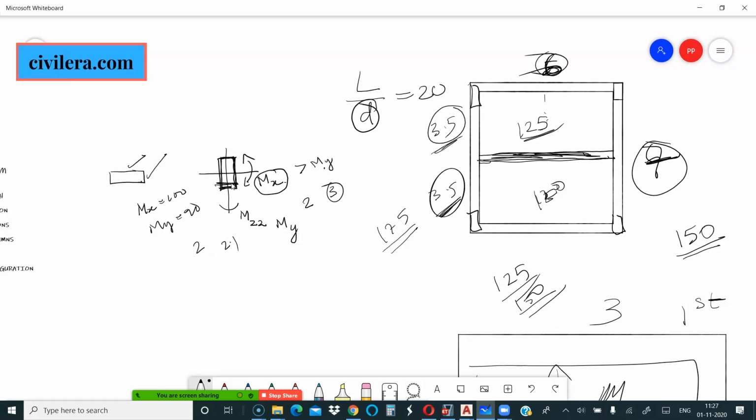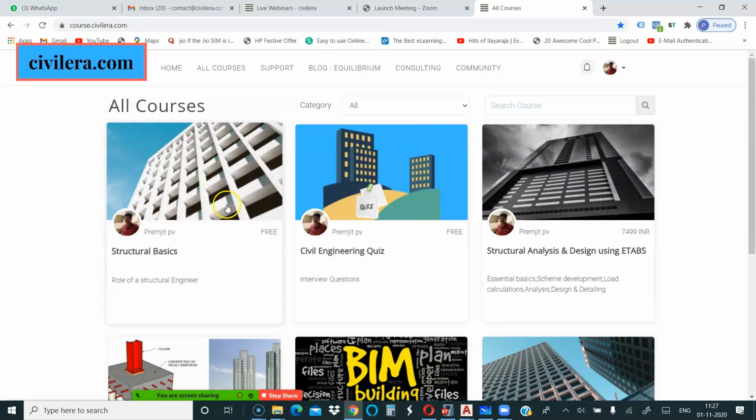Now the L/D rule is not as straightforward as you think. I would suggest you go through my free course. Here there is a free course called Structural Basics. Some of you might have gone through it, some of you might not have. In this particular course I have given, if I remember, the L/D ratios and how you need to decide.